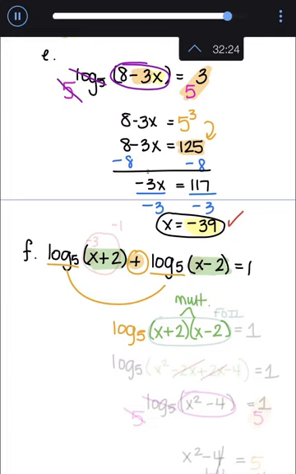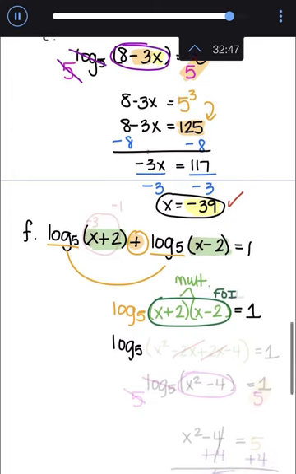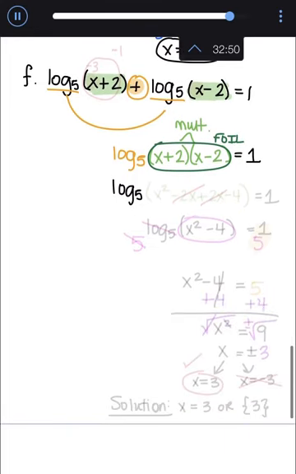And again, just like before, this whole thing equals 1. So, how do you multiply the x plus 2 and the x minus 2? Well, we haven't done this in a while, but it is something we used to do all the time. It's called FOIL. Let's FOIL it out and see what we get.